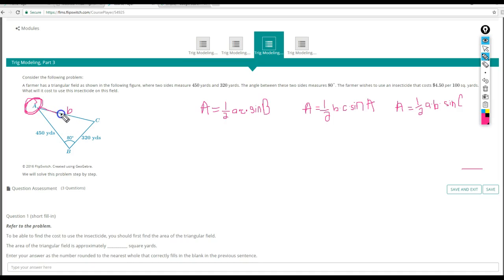That's an adjacent side to angle A. Side length little c is also an adjacent side to angle A. So again, we have a side-angle-side relationship, or the angle with its two adjacent sides. And that's how you can remember the area formula of a triangle when you're using trig functions.